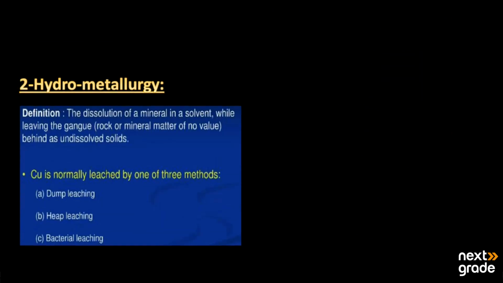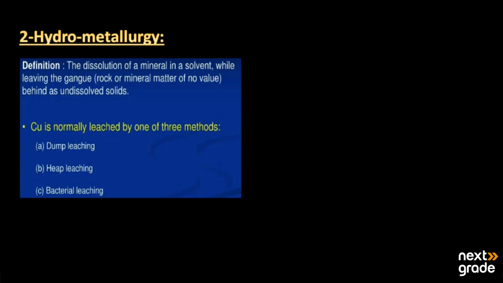After that, we have the second type of metallurgy, which is hydrometallurgy. The word hydro is basically related to water or force or pressure. By definition, hydrometallurgy is the dissolution of the mineral in a solvent while leaving the gangue. Gangue is mainly the rock or mineral matter that has no value; it is basically the waste attached to the metals, leaving behind the undissolved solid.